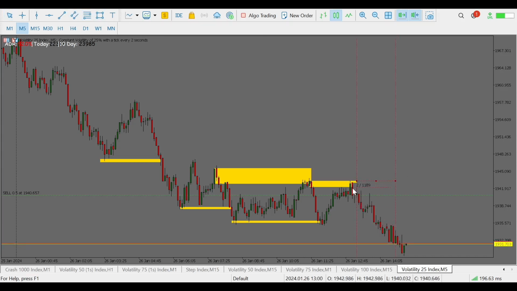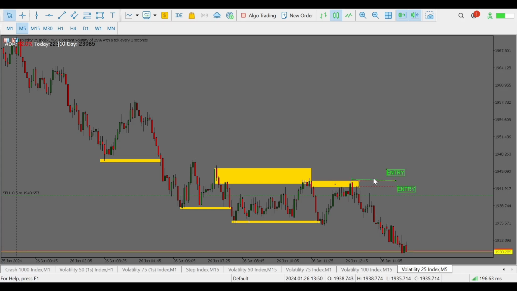So let's say this was our order block, and here we would have an entry. This was our entry point right here. The bottom red line was our entry, and our stop loss would be slightly above this order block right here.